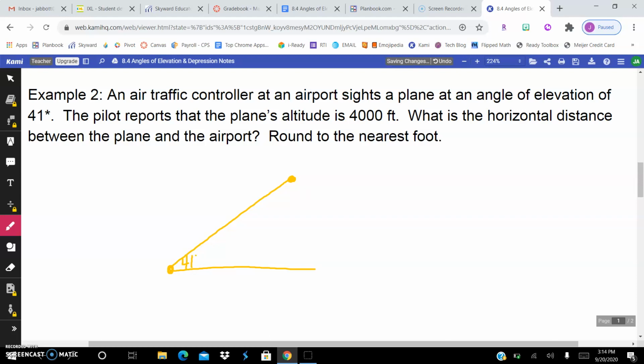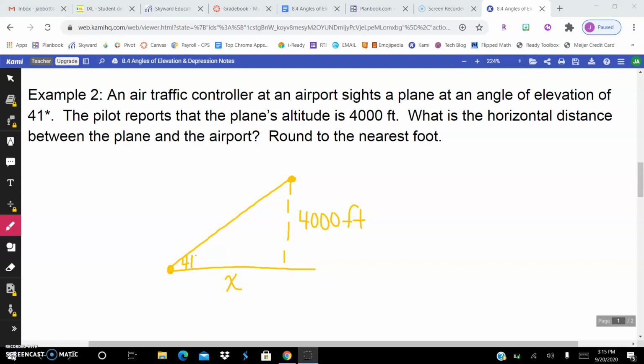The pilot reports that the plane's altitude is 4,000 feet. So this plane is 4,000 feet above the ground. What is the horizontal distance between the plane and the airport? So we have to figure out what this length is here. If the plane would drop straight down, what's the distance from there back to the airport?